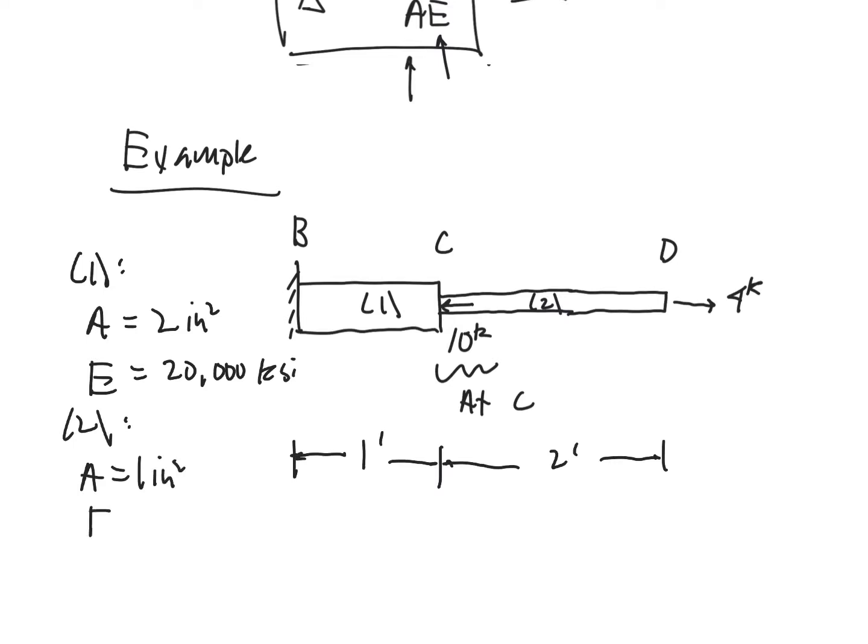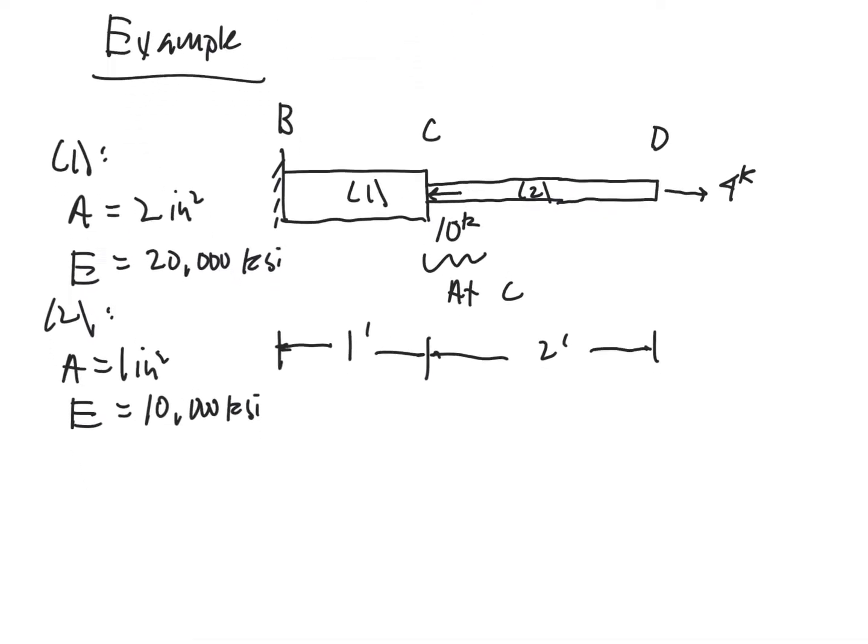And let's have the modulus of elasticity be 10,000 KSI. Now, the problem statement then is to find the axial displacements at the two critical locations. That's going to be C and D. So find delta at C and delta at D.